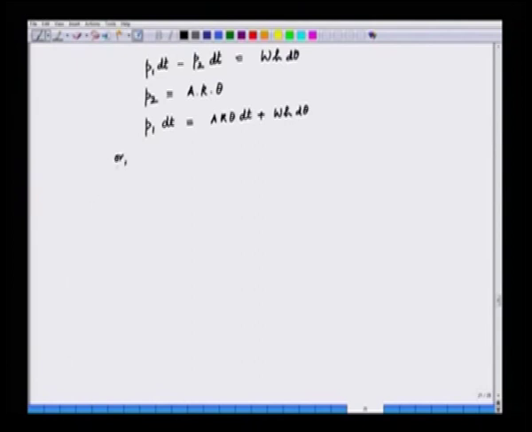We will be dividing all this by dt. So, what we have here, WH d theta by dt plus AK theta is equal to P1. So, this is an interesting equation. This equation gives the dynamics of temperature rise.